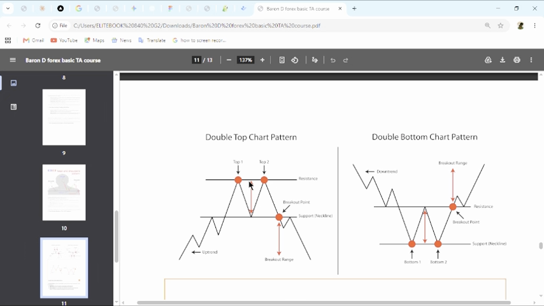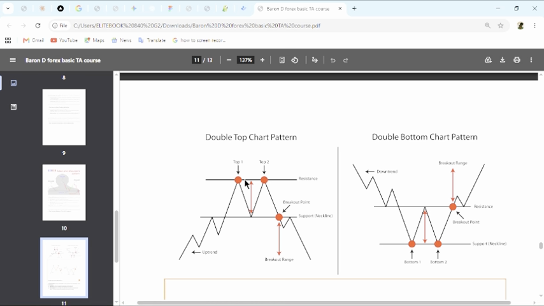If it touches twice on the upside at the resistance level, you have to wait for price to either break or reverse from your support, because it's coming from the resistance. So from resistance to support, from support to resistance. In our case here, it created two tops, that is a double top, and this is a double top chart pattern, as you can see here.